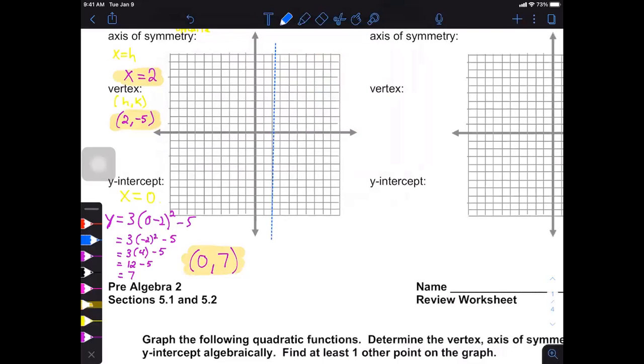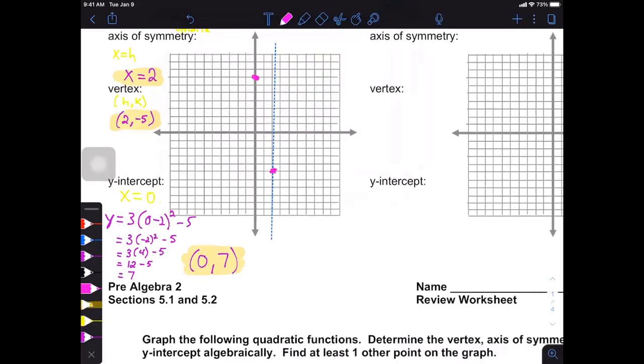My vertex is going to be (2, -5). Y-intercept is (0, 7). Notice we have a very steep parabola here. And then you do your mirror.